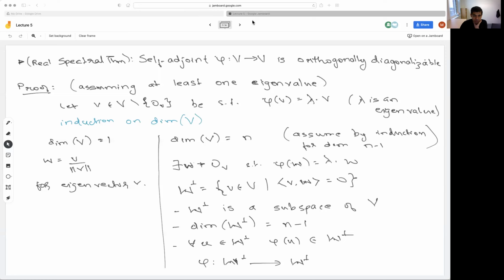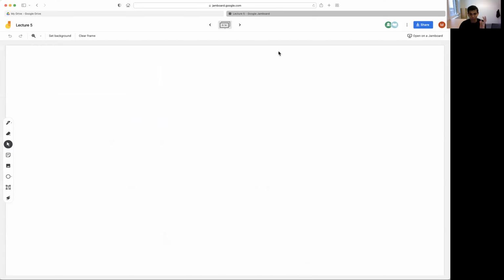Okay, so let's just first take these properties of W perp and then finish the proof with that. So now we have phi, which maps W perp to W perp, and W perp is an n-1 dimensional subspace.